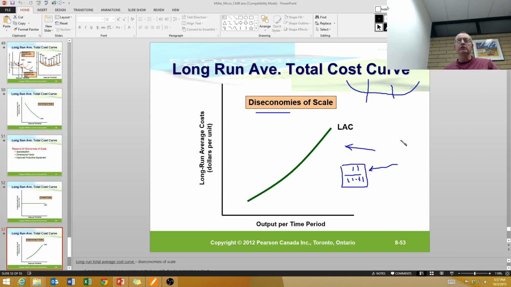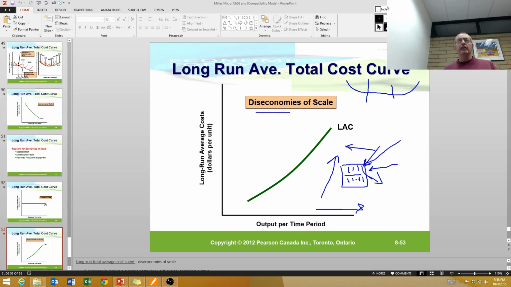So as we increase our costs by adding overhead, by adding more and more managers, the more we expend on increasing our capacity, because they're capable of managing more people, but they in fact don't. As we build this empire, as we build bureaucracy, our output capacity increases, our long-run average costs also increase, and so we have diseconomies of scale.